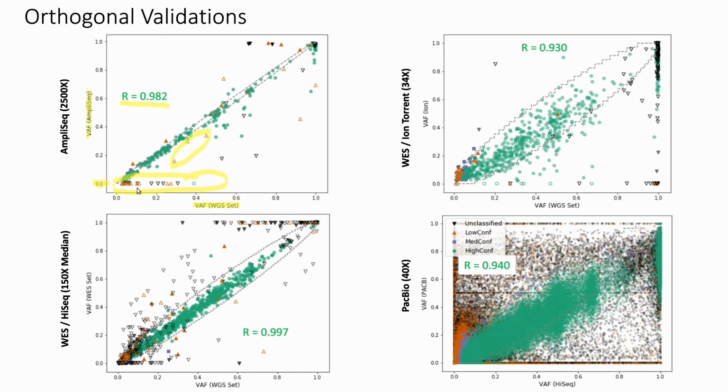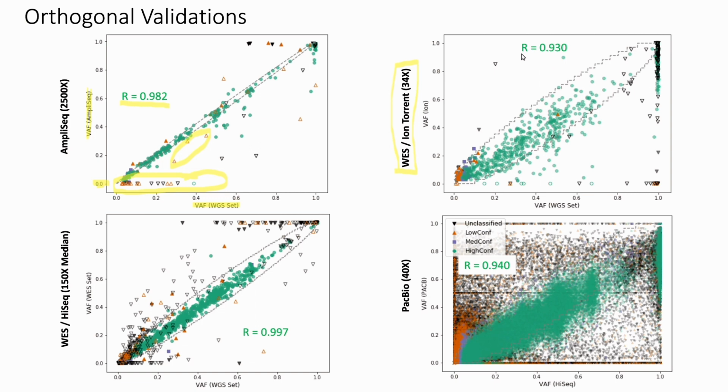The top right figure is the whole exome sequencing on Ion Torrent at about 34x in depth. The diagonal oval shape is fatter because of low depth on the validation platform. The Pearson's R is expectedly lower at 0.93 because of it.